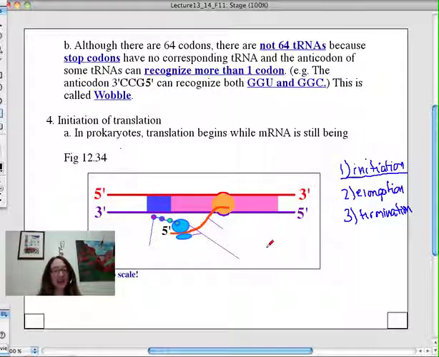Let's begin by making a quick note of the difference between prokaryotes and eukaryotes, in that in prokaryotes, the process of initiation of translation can begin before transcription stops. So this is shown on this cartoon drawing.